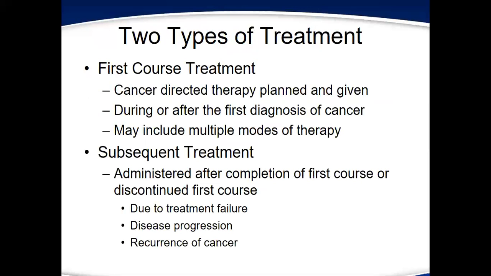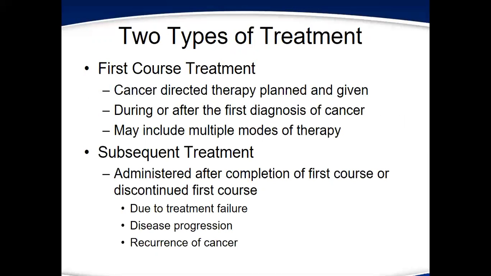Now, treatment is divided into two types. Okay, there's first course of treatment, which includes all cancer-directed therapy planned and given by the physician during or after the first diagnosis of a cancer. The planned treatment may include multiple modes of therapy, as we previously discussed, and may encompass intervals of a year or more, depending on the type of cancer and the type of treatment it is.